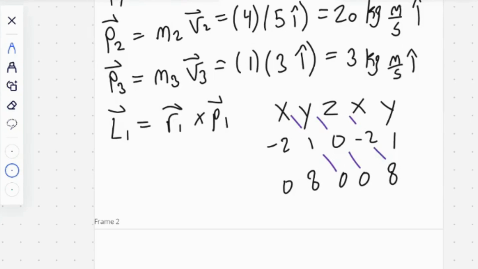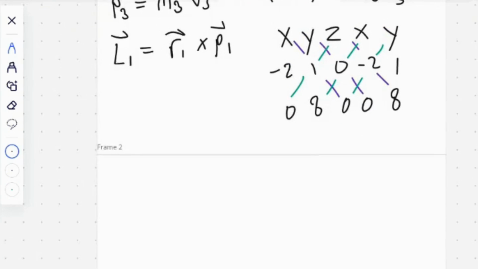Okay, now if we do our cross product, you'll see that most of these are just going to cancel out because of all the zeros that we've got here. There's only going to be one non-zero term, and that'll be in the positive k-hat direction.